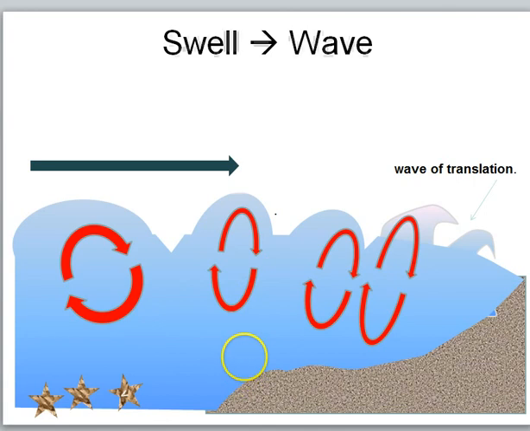And that friction causes the bottom of the swell to move slower than the top of the swell, which begins to oversteepen and elongate that swell until the swell actually has a crest or breaks, and that's called the wave of translation in the surf zone. So depending on how big the swell is, this could be mixing all the way out here and cresting because you have a really big storm, or it could be very gentle waves and not break until you're very close to shore.